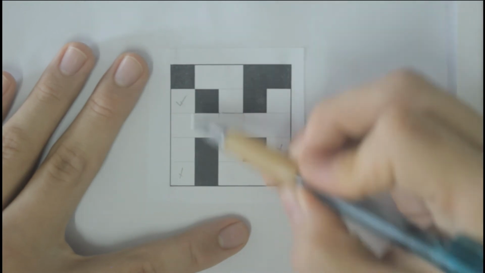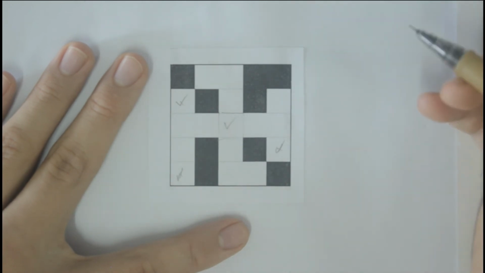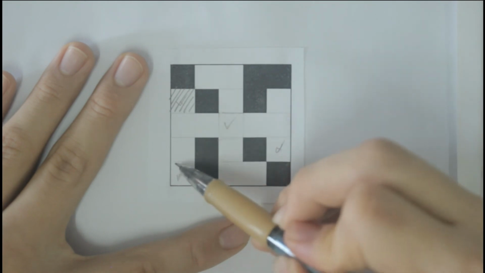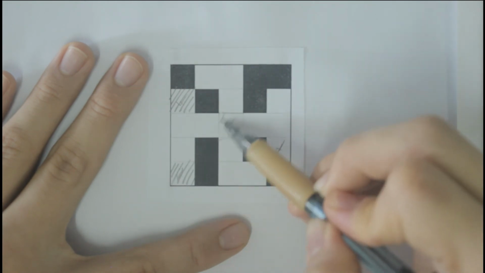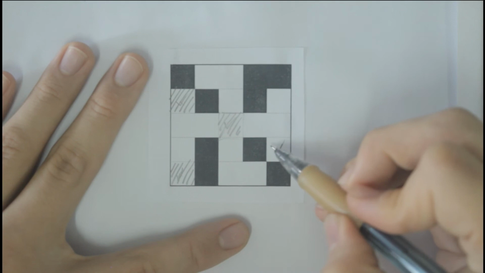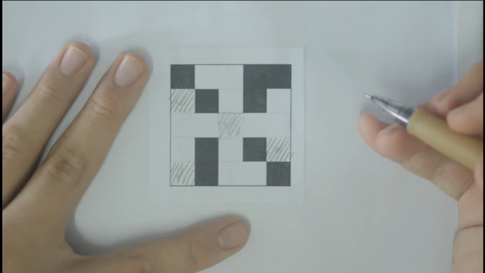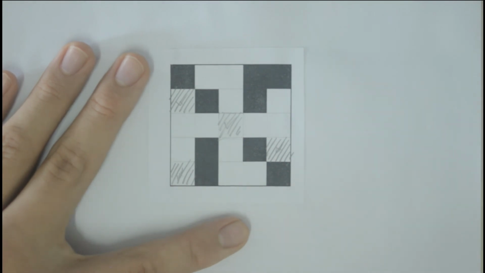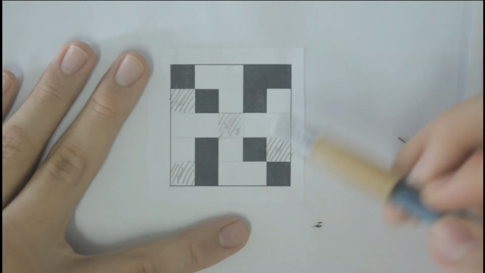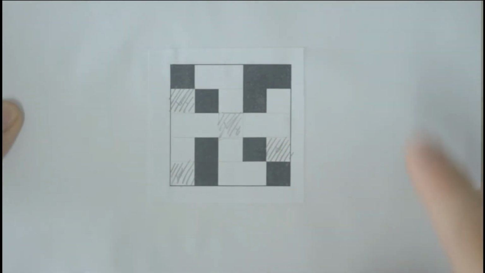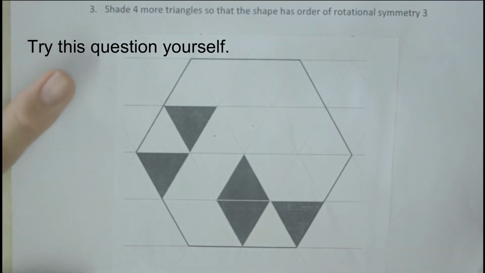So these are the 4 squares that we should shade. And hence, 4 squares have been shaded to get an order of rotational symmetry 4. Let's take a look at the next question.